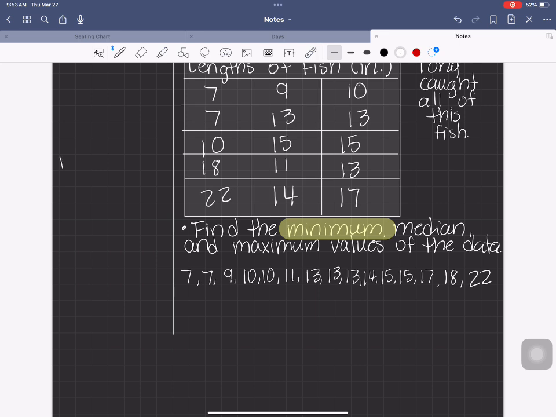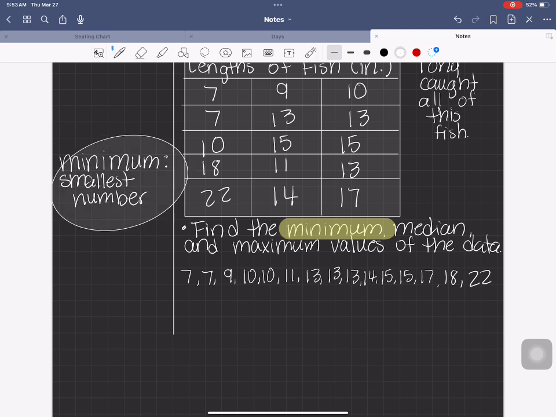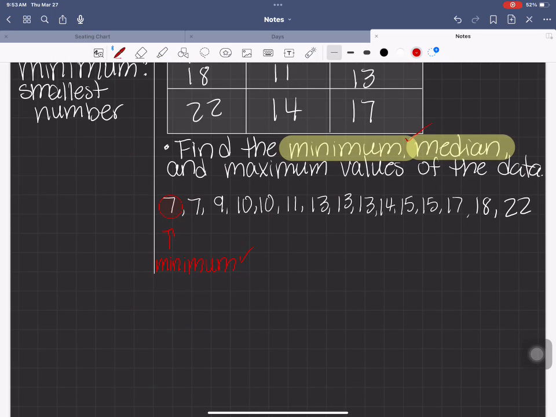Okay, so we're going to look for the minimum value. What does minimum mean? Minimum basically means the smallest number of your data set. So our smallest number here in this case is going to be 7. So I'm going to circle 7, and I'm going to label that as my minimum. The next step is to find the median. We already know how to find the median from yesterday, but we're going to go ahead and do that.